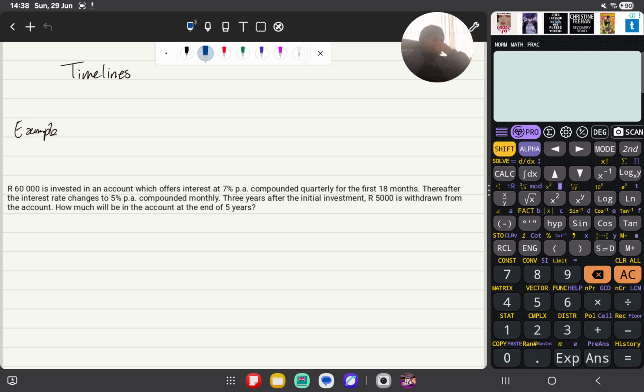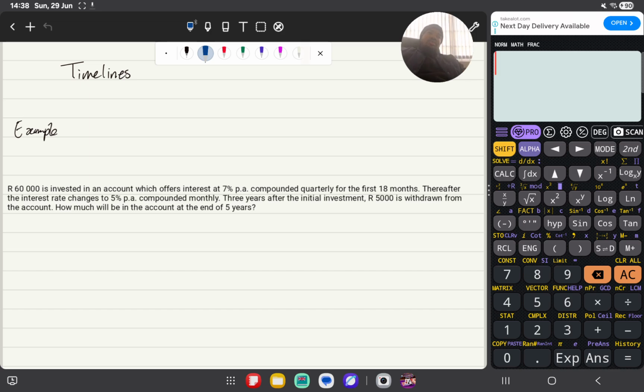Now, in year two, when I add 5,000 rand, we can say 5,000 rand plus the money that I had at that time at the end of year two. We add it up, and then we start making new calculations based on the new amount.